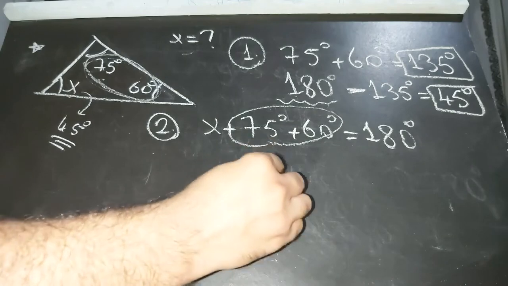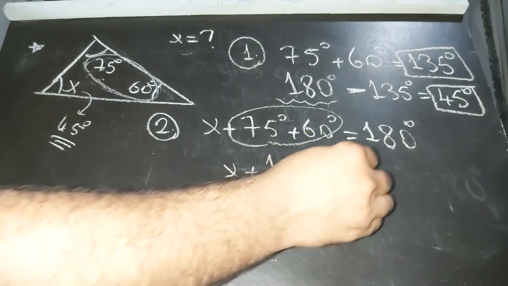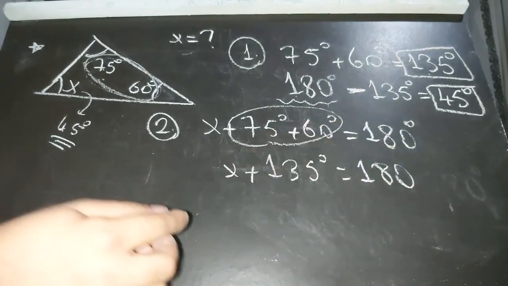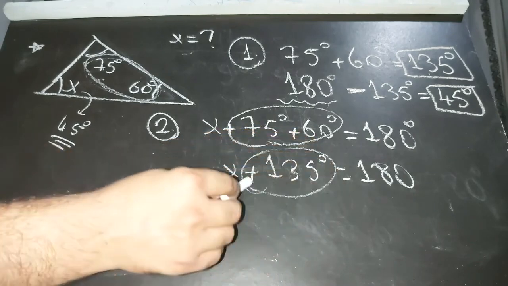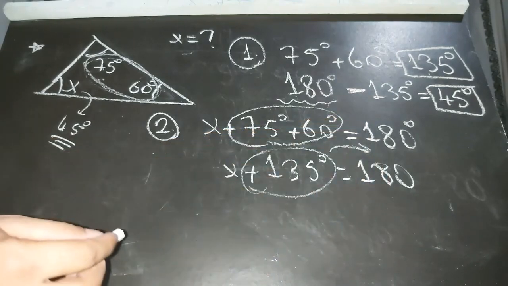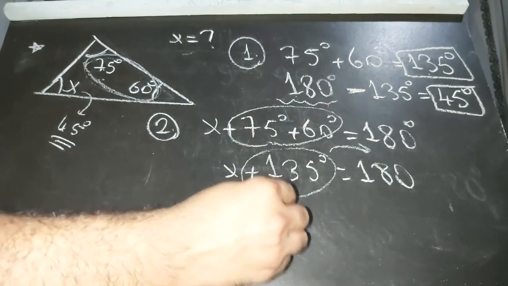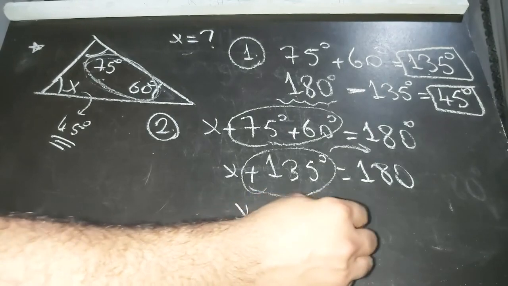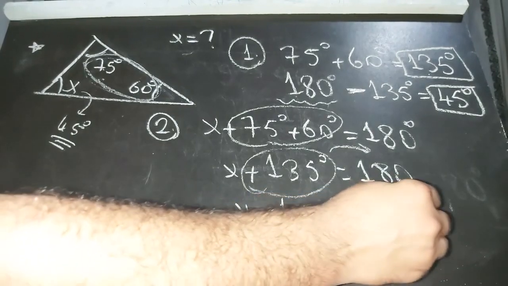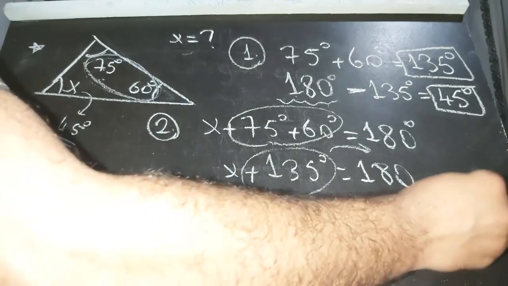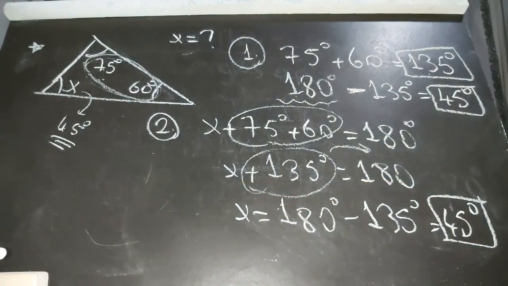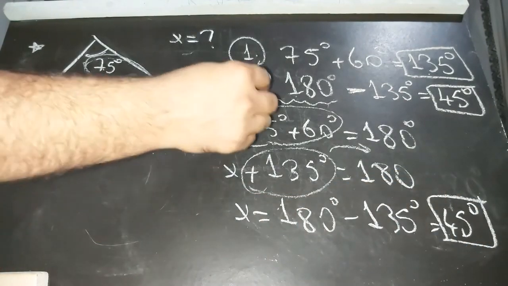X plus 135 equals 180. And you are going to move the number to the other side as negative. X is going to be 180 minus 135, which is 45 degrees. See, I got the same answer from both methods.